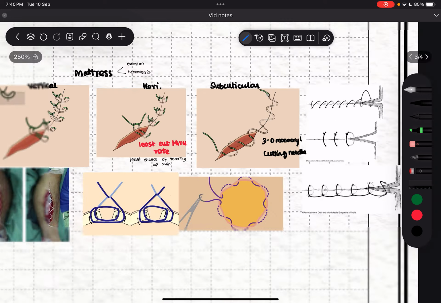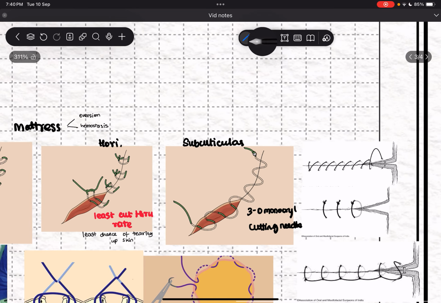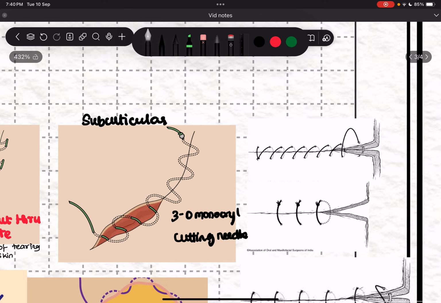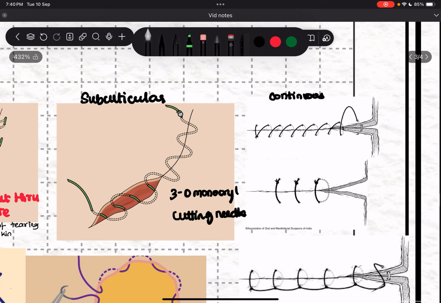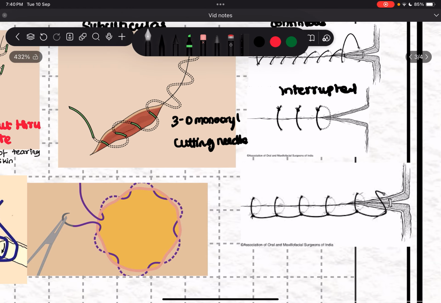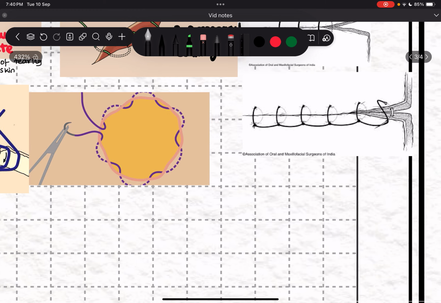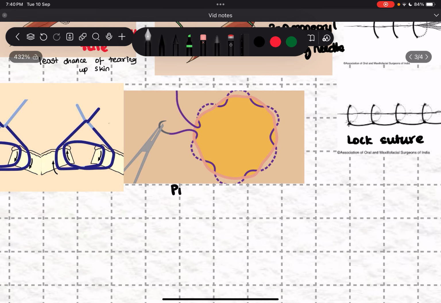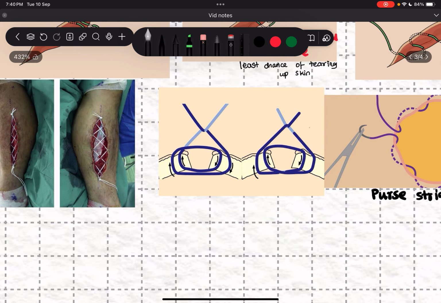The other sutures are continuous suture. This is interrupted suture, and there is a buried mattress suture for which I did not find any image. There is a lock suture, a purse string suture, and this is a normal one.